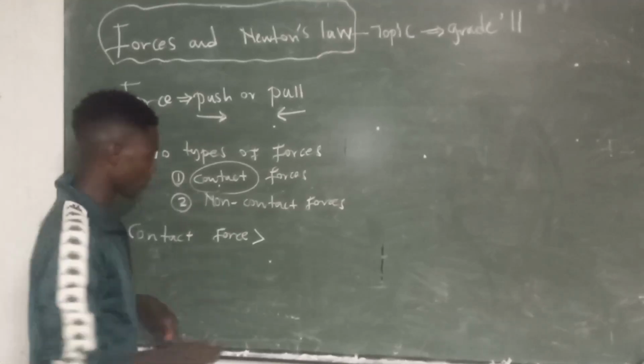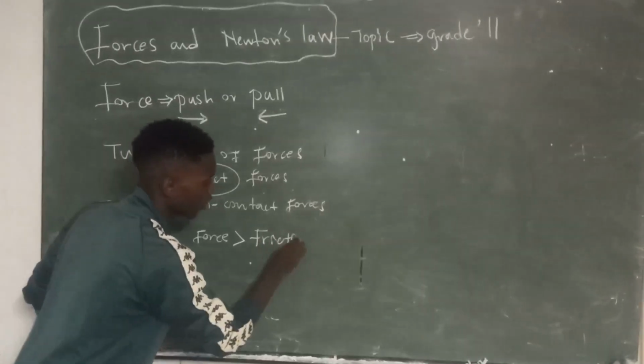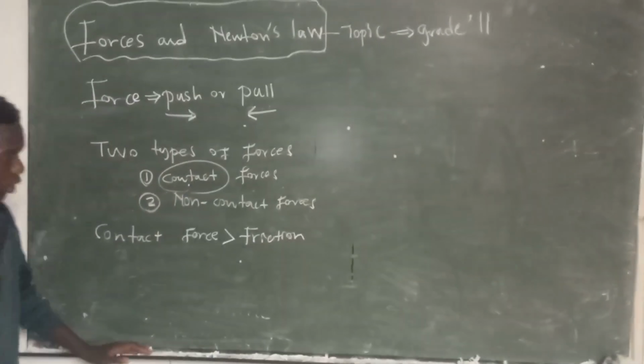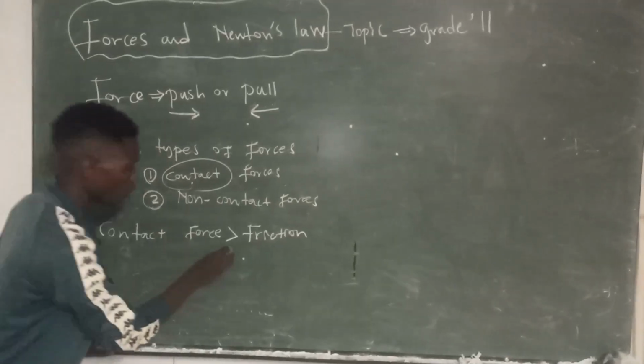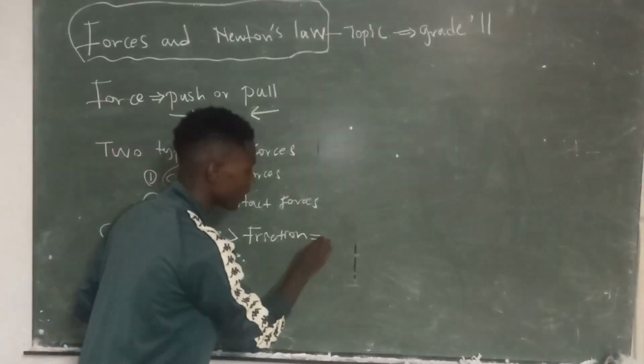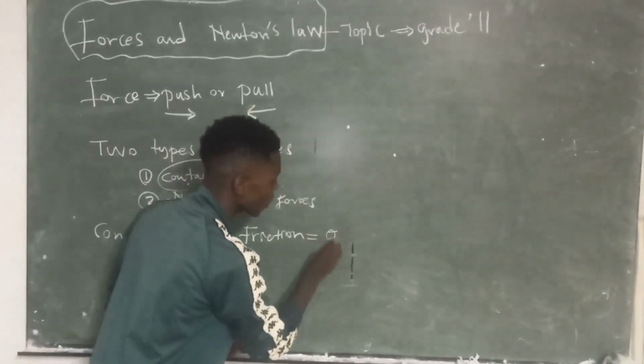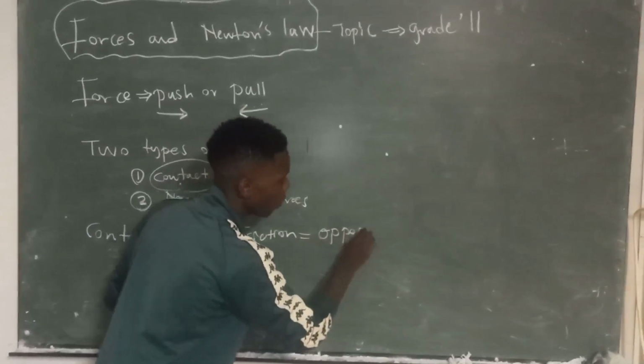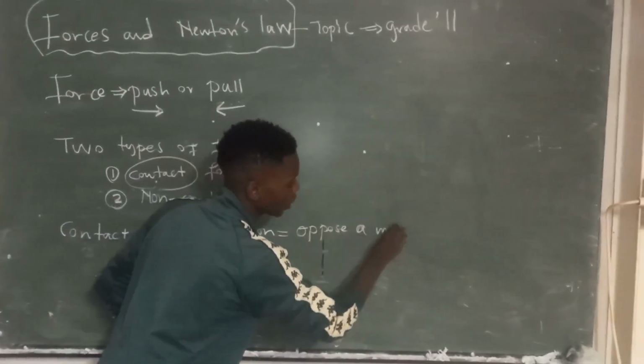For example, for contact forces, we can talk about friction. What is friction? Friction simply means a force that opposes a motion.